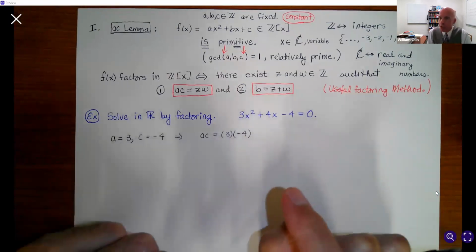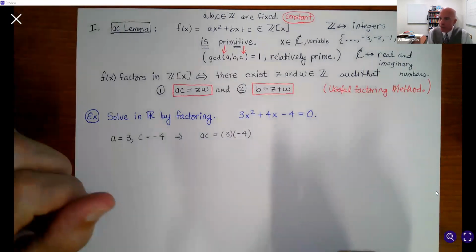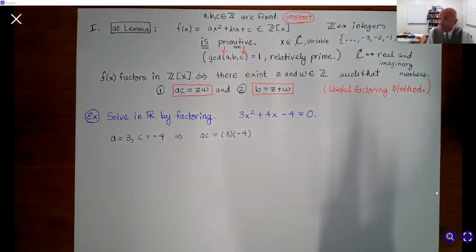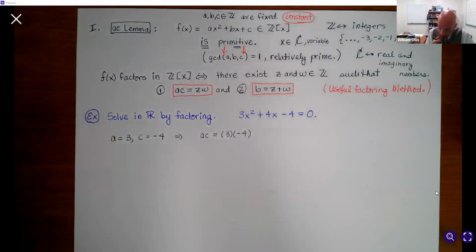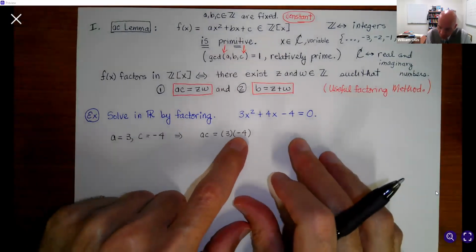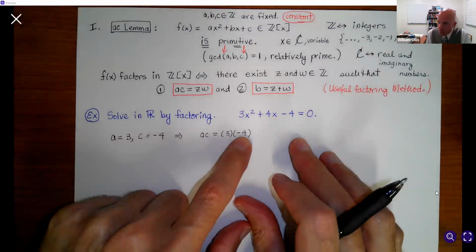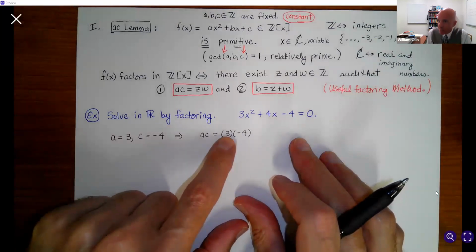So what we want to do is redistribute the numbers, hoping that we can actually find a good Z and a W. Notice here that we think of the 4 as being 2 times 2, and then the 2 times the 3 is a 6, and that would put us in the right direction.